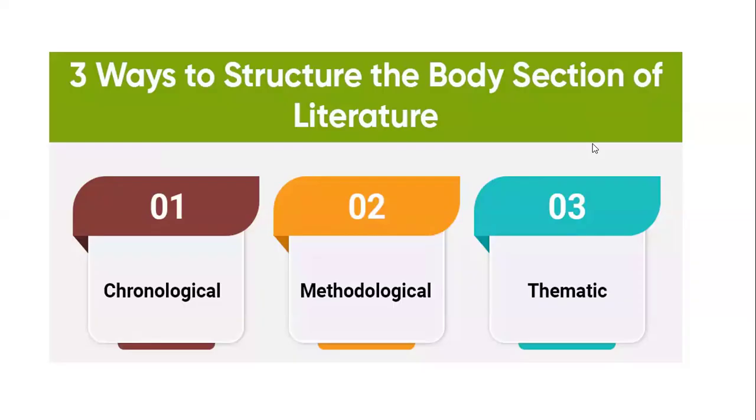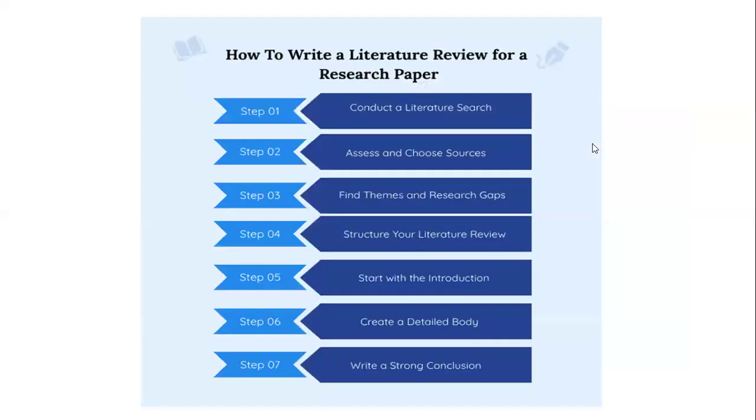When it comes to thematic, you are organizing your research based on themes or topics. And when it comes to methodological, it means you are organizing your literature focusing around your research methods or approaches. So these are basically the main differences between these types of body sections of a literature review.